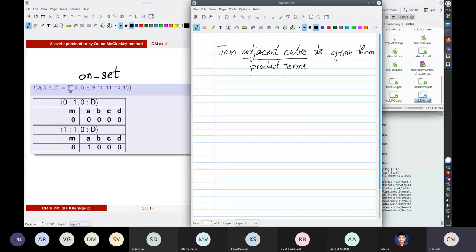But we say it in slightly easier terms: we say that when they differ at one place only.